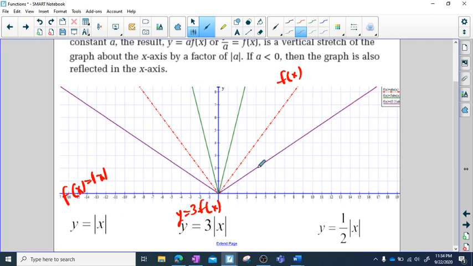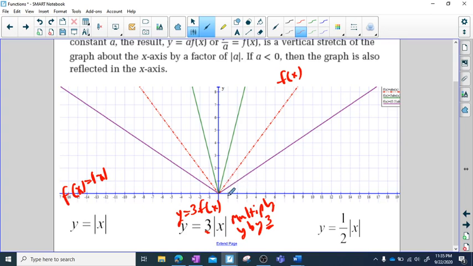That one means all the y values are not going to increase by 3, they're going to increase by a factor of 3, meaning multiply the y's by 3. Okay, by that number. Let's look at how that played out on the graph.